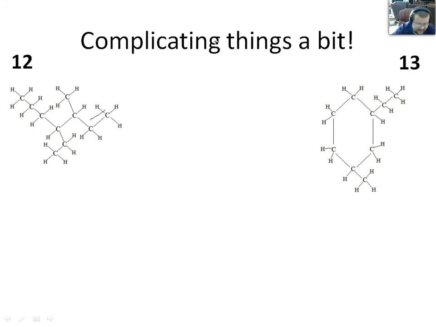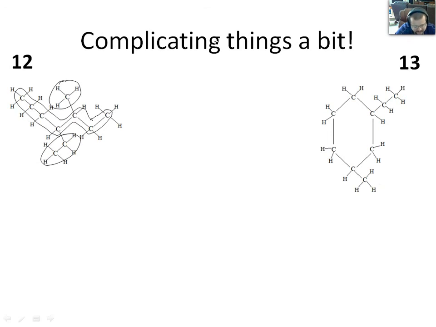Now, the longest chain that I can identify in this molecule in number 12 follows this path that I've indicated here. I've got 2 substituents coming off of this, one in each of the circled areas.